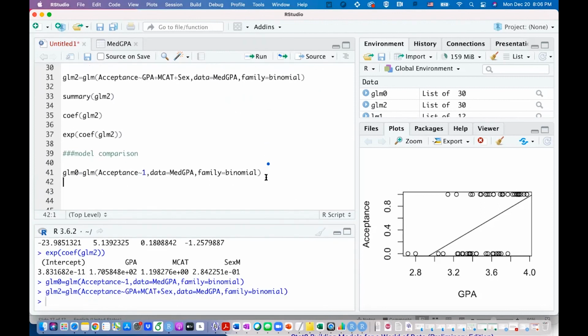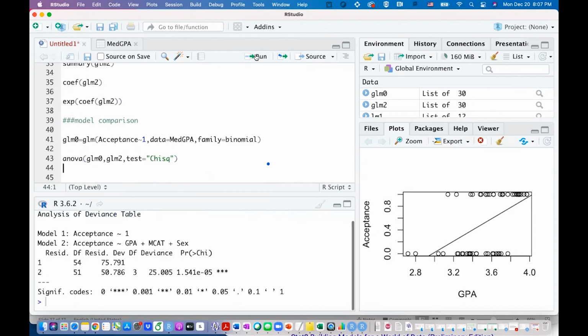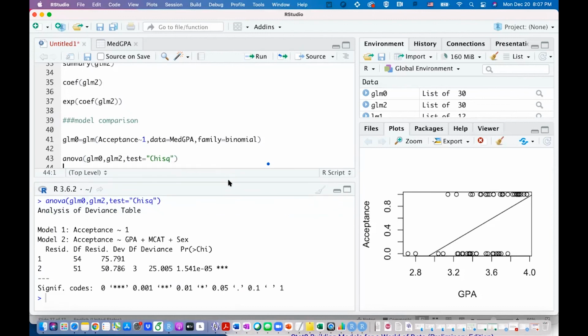If I want to know which model is better, I can run anova with test equals chi-square test, and I can run that line. This is a test using the deviance to check whether model 2 has significant predictors or not.